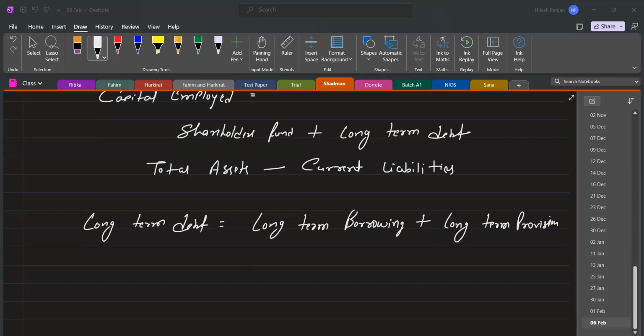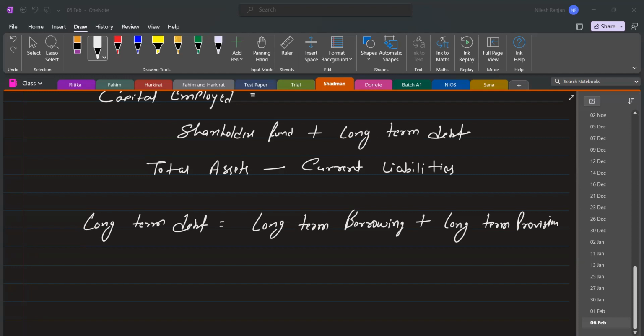Yes, sir. One minute, checking. We have done total assets to debt ratio. Yeah, long-term debt we have done, sir. Yes. We have done. Okay.